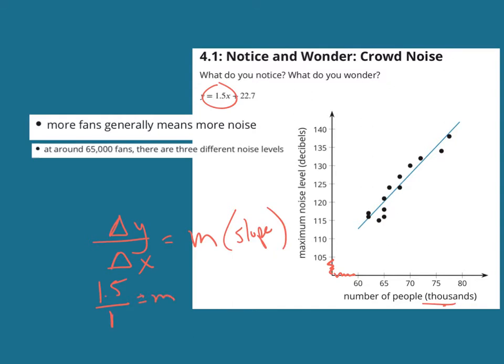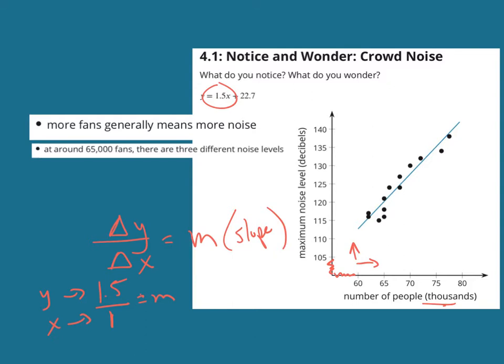For each additional x value, we're going to get an additional 1.5 increase in decibels. So as we move this way, we go up that way. And that rate of change is 1.5.